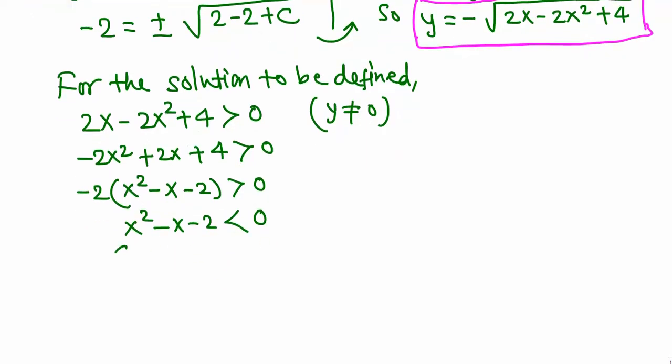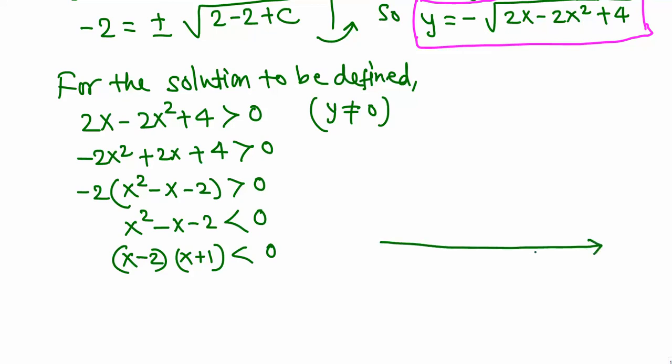We need to solve this inequality. We factor this: x squared minus x minus 2, 2 times 1 is 2, to get minus, it's minus 2 plus 1. So from this we get x equals 2 and x equals negative 1. So we need to test 3 intervals, because this expression is 0 when x equals 2 or negative 1: negative infinity to negative 1, negative 1 to 2, and 2 to positive infinity.